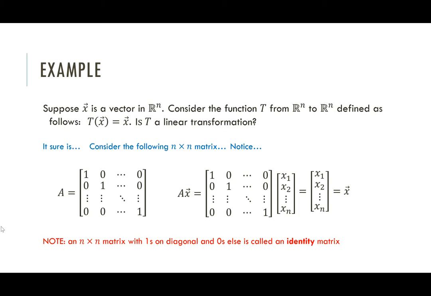So here in matrix land, this matrix with ones on the diagonal, 0 everywhere else, is called the identity matrix because multiplying a vector by that matrix or matrix by the vector doesn't change the vector. So, all right.